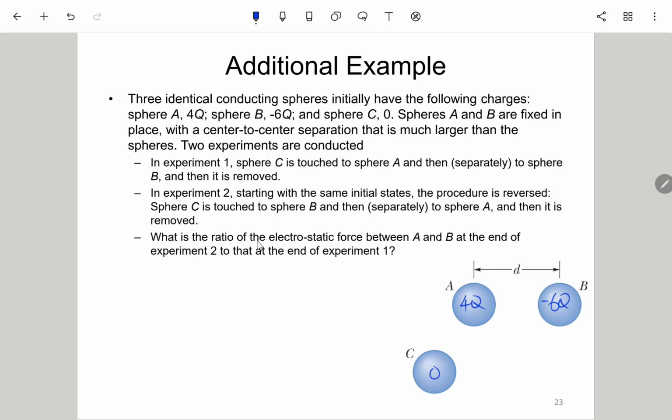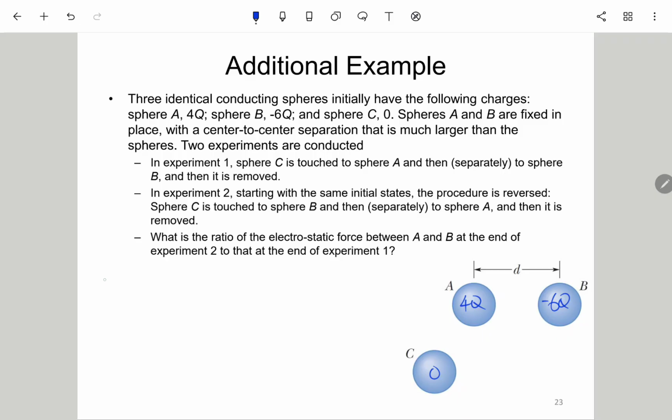It asks what is the ratio of the electrostatic force between A and B at the end of experiment 2 to that at the end of experiment 1. Because the order of the charge exchanging is different, the final charge on spheres A and B for experiments 1 and 2 are different, so they should have different electrostatic forces. So what is the ratio?